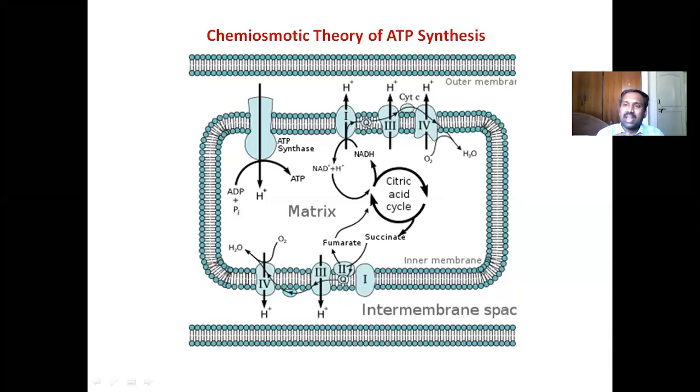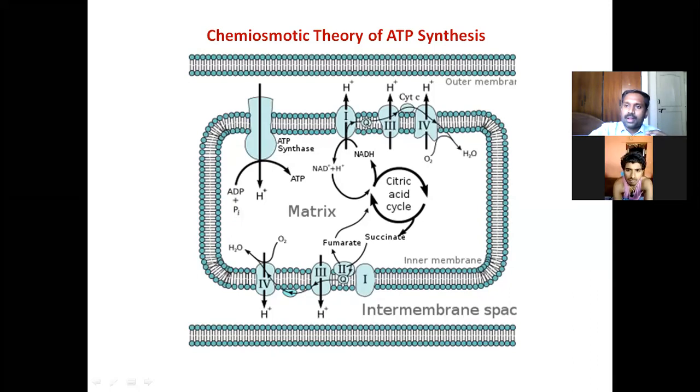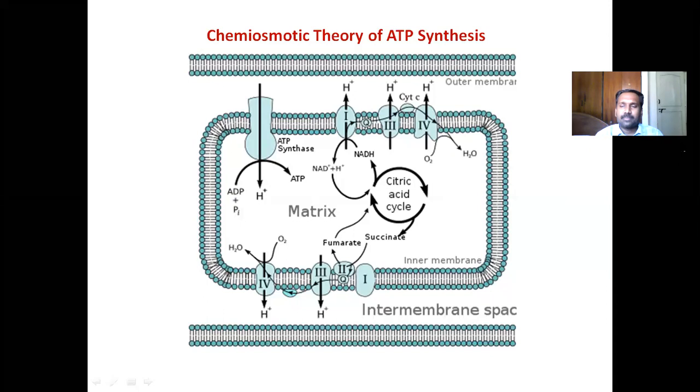So if you can separate charges, then a potential difference is created. And when the charges are allowed to flow back again, then you have current flowing, is it not?